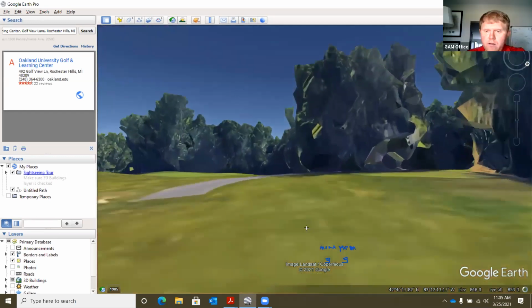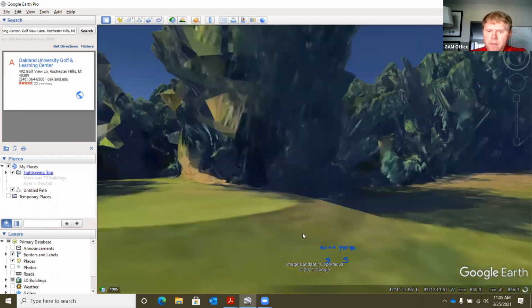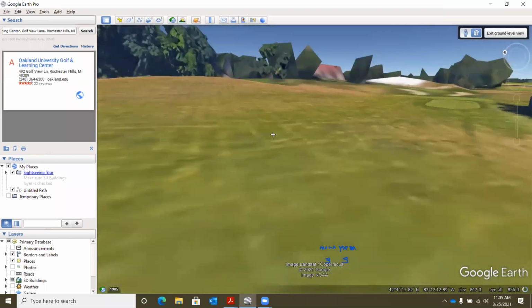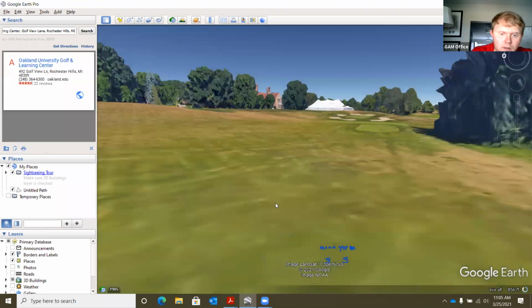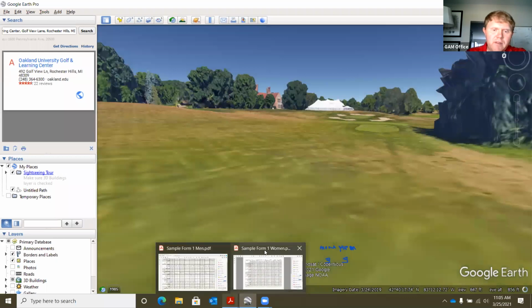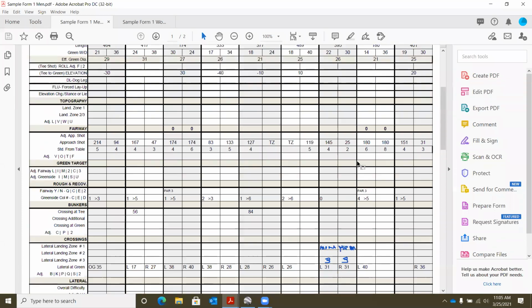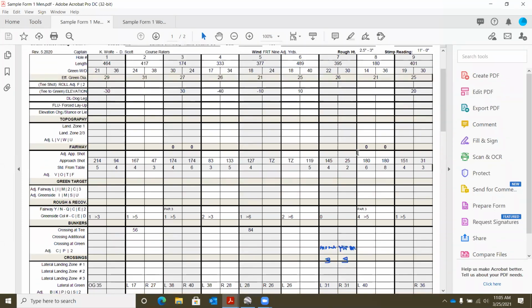All right, so we're on the tee here, and I'm going to turn this around here. So now we've got a nice par 3 here. So on a par 3, we're going to do the same thing. We're going to go to our tee, and we're going to figure out if we have any issues with visibility or any issues with trees.